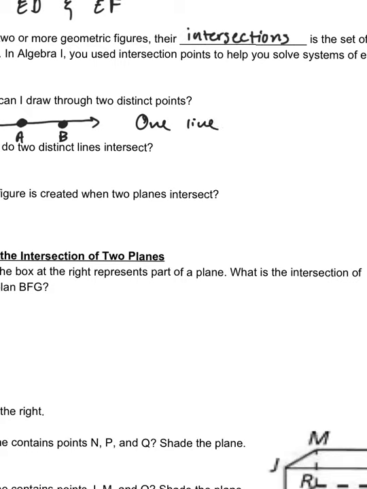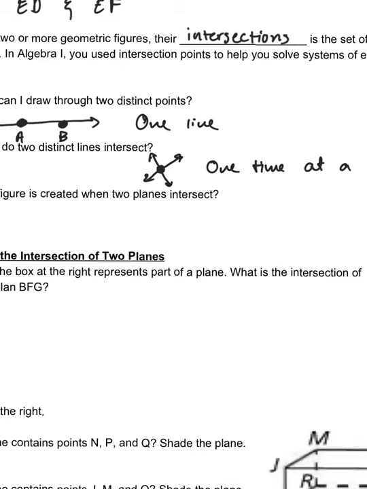Now, how many times do 2 distinct lines intersect? Well, let's look. Here I have a line, and here I have a line. And now they only intersect right here at this specific point. So we could say one time at a specific point.